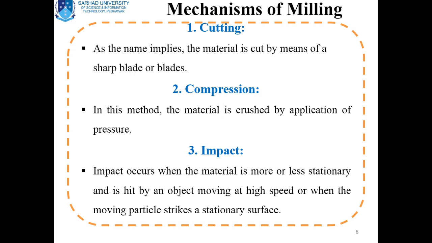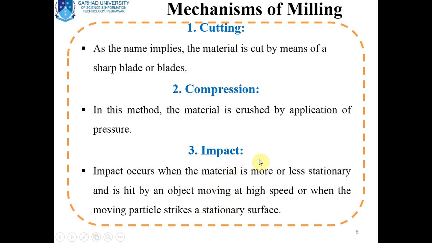The third mechanism utilized for milling is termed impact. Impact occurs when the material is more or less stationary and is hit by an object moving at high speed. Or, in the second case, the moving particles strike a stationary surface, and in this way the particle size is reduced.